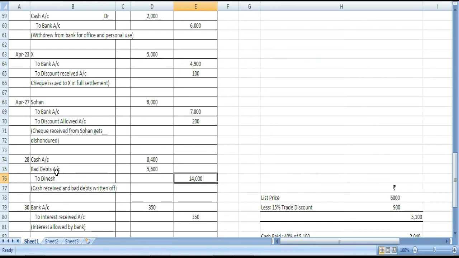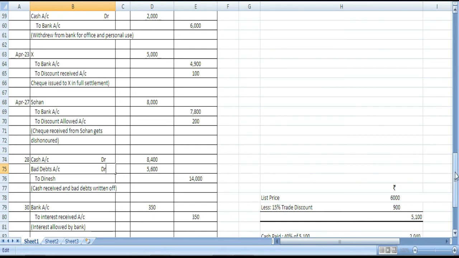Now, this bad debt is a nominal account which is an expense, and therefore it is debited, and the cash account, what comes in, will also be debited, and this is 60 paisa of 14,000. Cash received and bad debts written off.